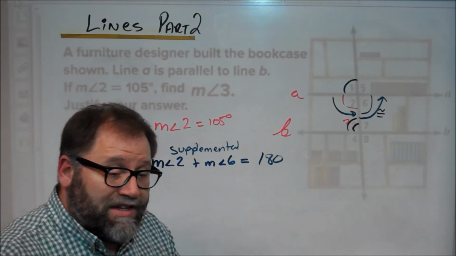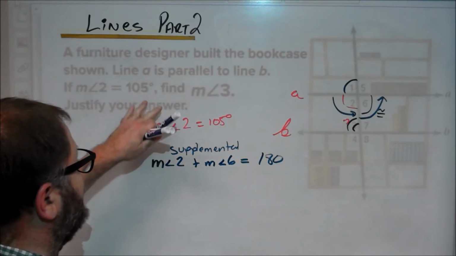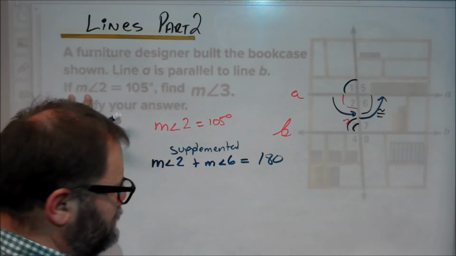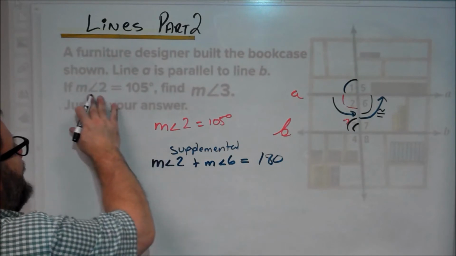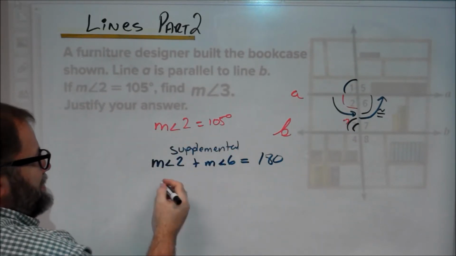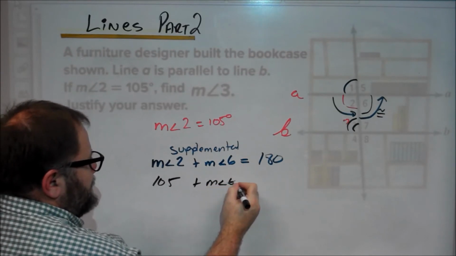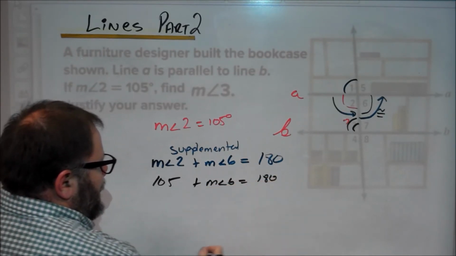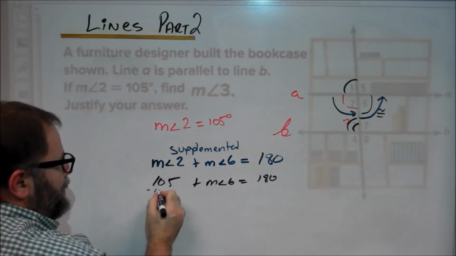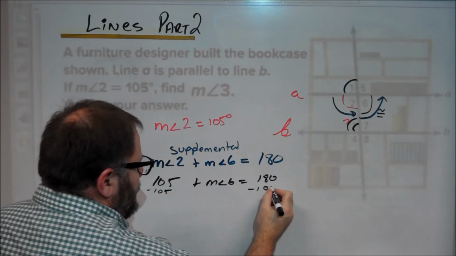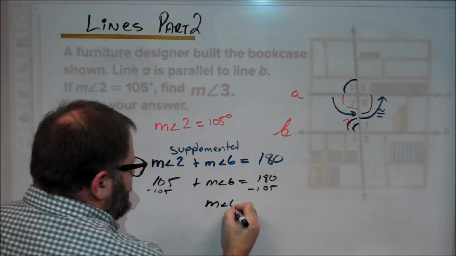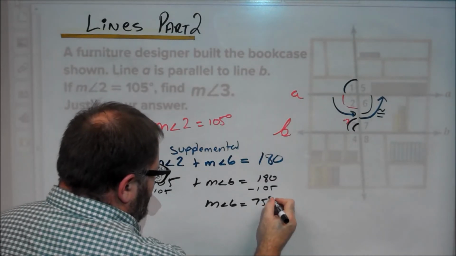Now, we were given data. I know that angle 2 is 105 degrees. So I can replace this with 105 plus the measure of angle 6 equals 180. And then when I subtract 105, I get the measure of angle 6 equals 75 degrees.